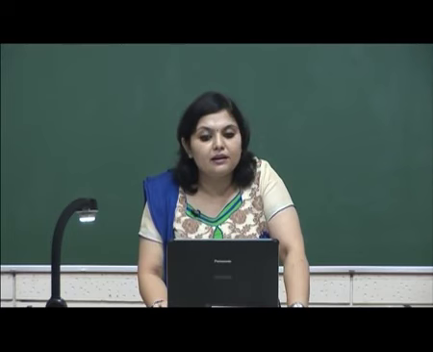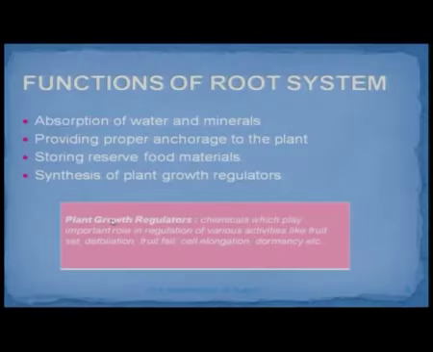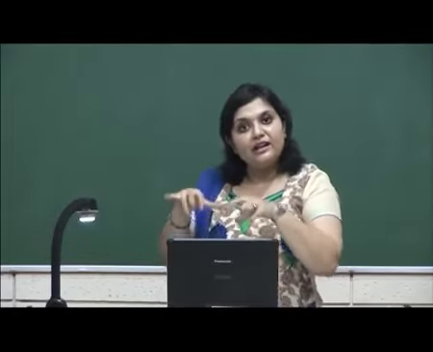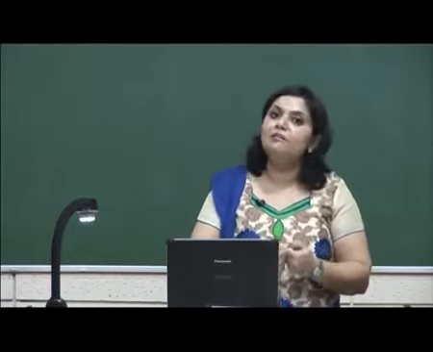All the activities related to the growth are controlled by various plant growth regulators, and some of these regulators are synthesized by the roots. Now, we have just said that a root needs to penetrate deep down into the soil so that it can absorb water and mineral from it. In order to penetrate, what should the structure of the root tip be?